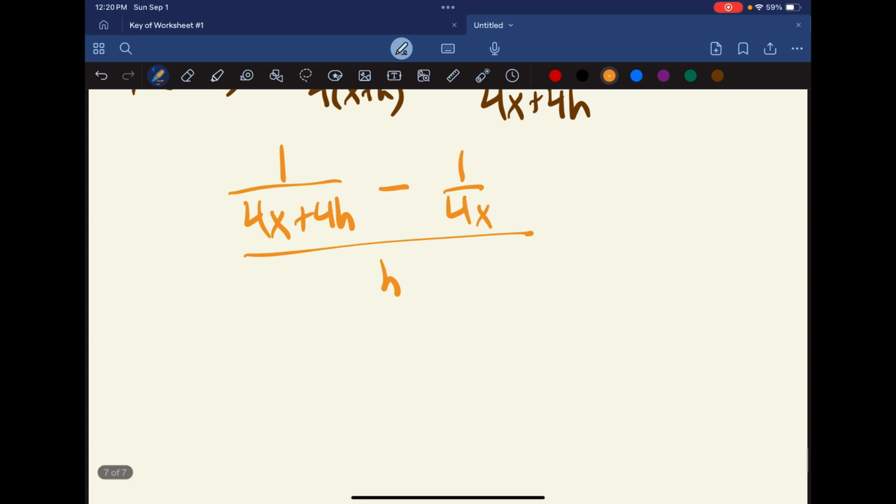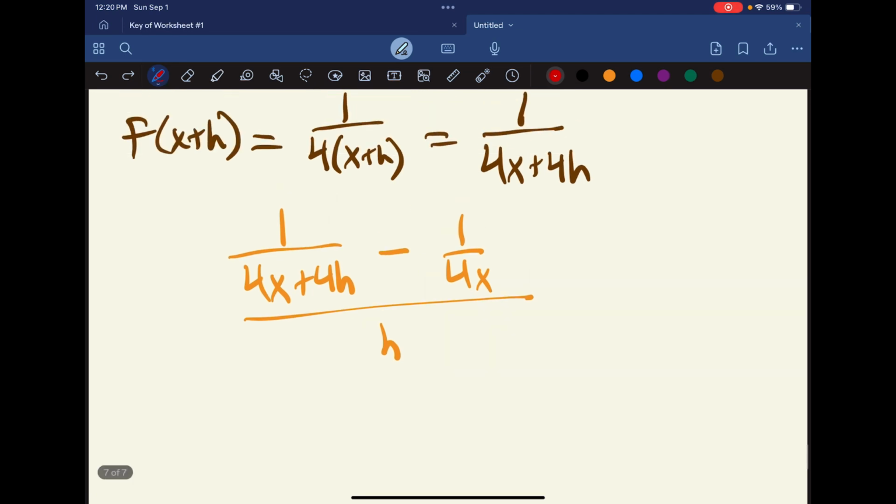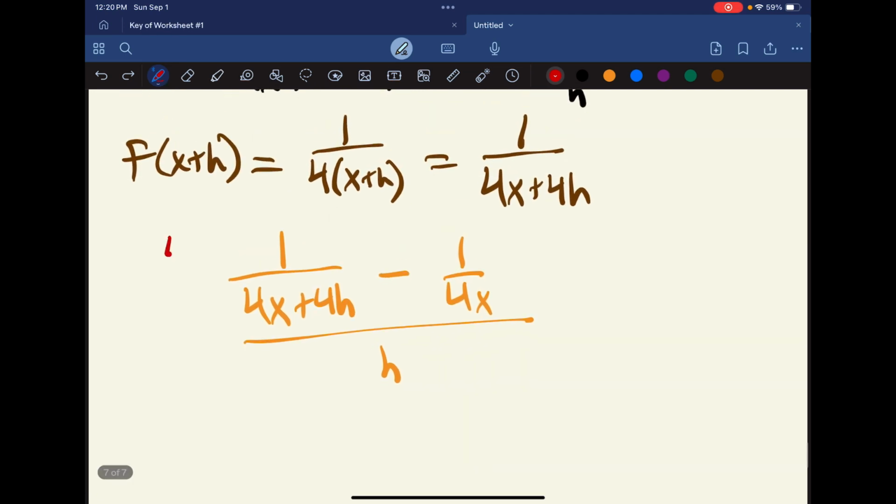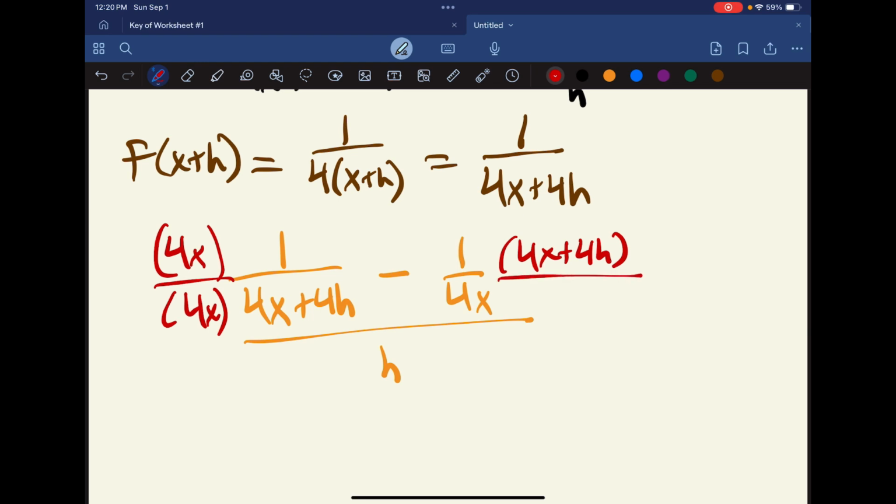So in order to simplify this further, we need a single fraction in the numerator. The way we do that is we multiply each fraction by the denominator of the other fraction. So we multiply 1 divided by 4x plus 4h by 4x over 4x, and then we multiply 1 divided by 4x by 4x plus 4h divided by 4x plus 4h.